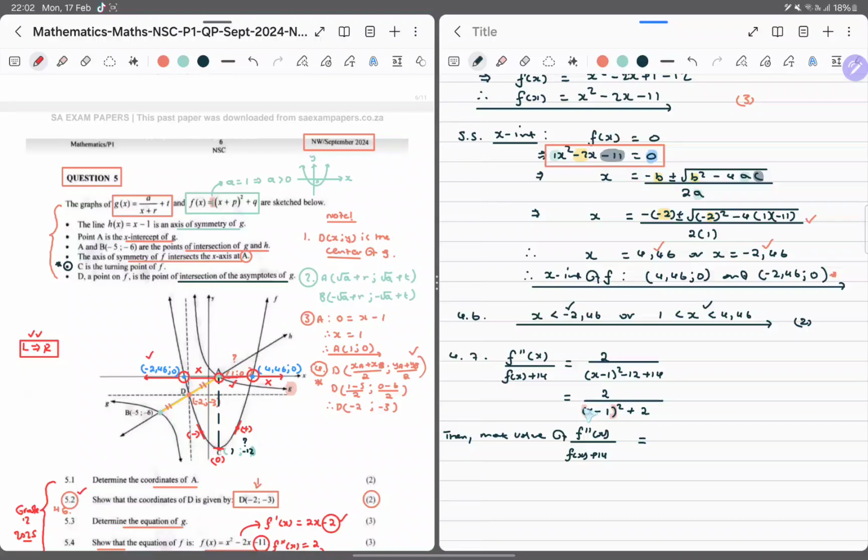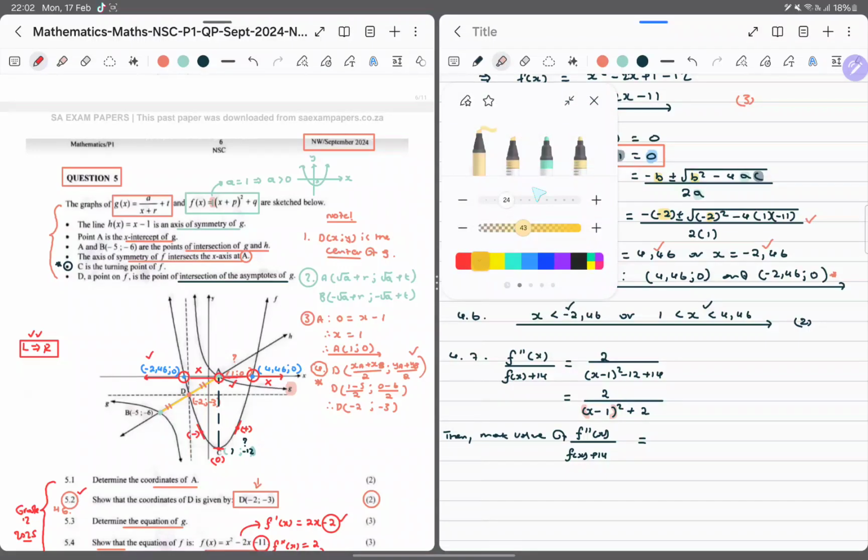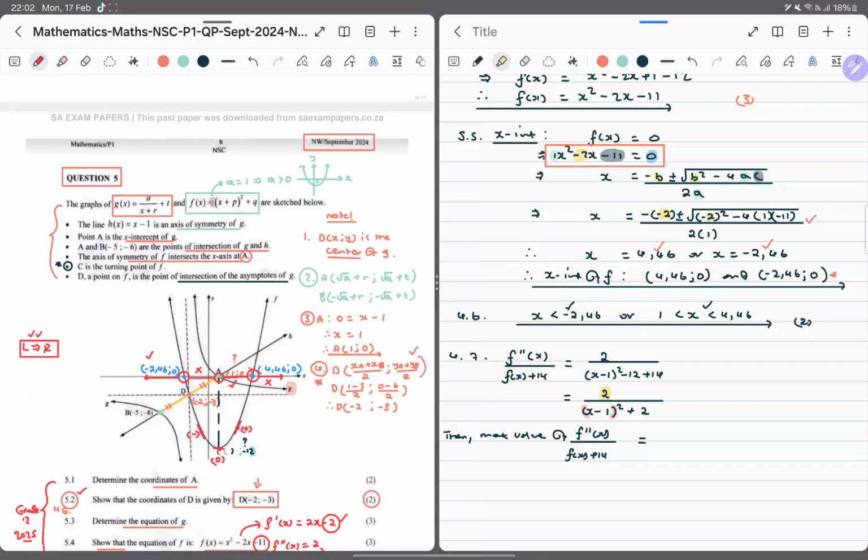Now, should it be the biggest or should it be the smallest for us to get this? Of course, seeing that we have a constant on the numerator, because this was not going to change, the maximum value of 2 is 2. The minimum value of 2 is 2. But now we want this fraction to be a maximum. Now let me just take you through some revision that you can do even during the exam.